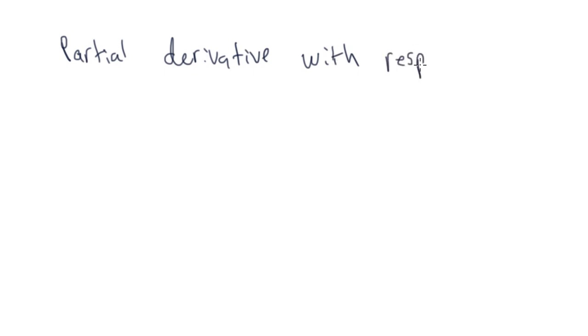So let's not leave out the variable y. We talked about the partial derivative of a function with respect to x. We can also talk about the partial derivative with respect to y. And this will be denoted partial f, partial y.